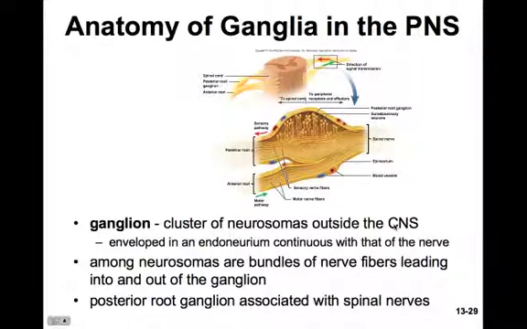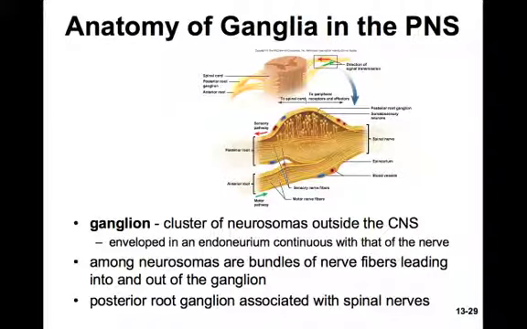Now, a ganglion is a cluster of neurosomas or cell bodies that we find outside of the central nervous system. Inside the central nervous system, it's called a nucleus. Now, this bundle of cell bodies might project off the side of the nerves, and it allows communication between a number of different neurons.